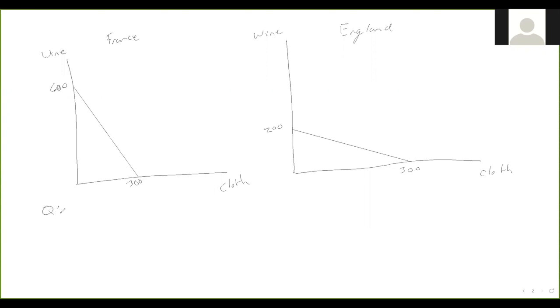So the question is, which country has the lower opportunity cost of cloth?